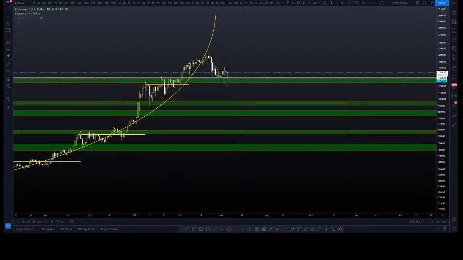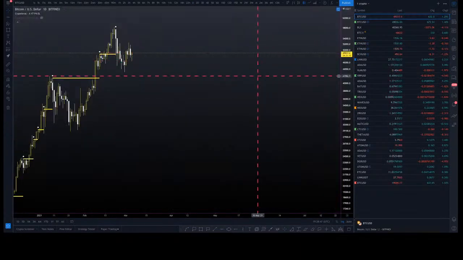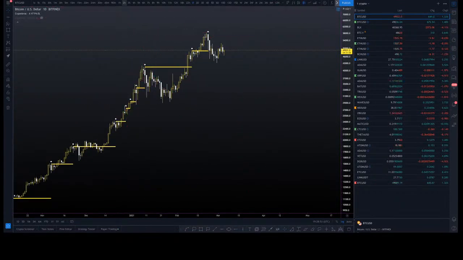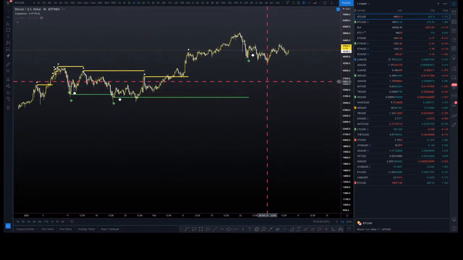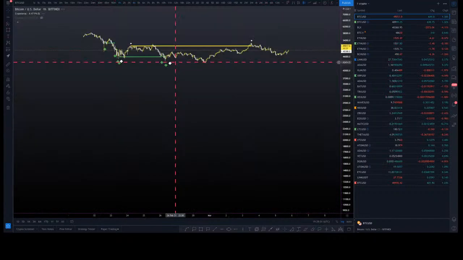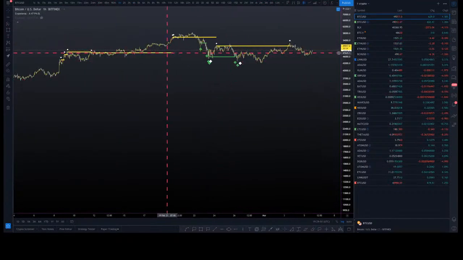A BTC short-term prediction. You want a BTC short-term prediction? All right, let's do what the YouTubers do. All right, so BTC short-term prediction. We're seeing a bounce. Why are we seeing a bounce? Well, look at where we're at.